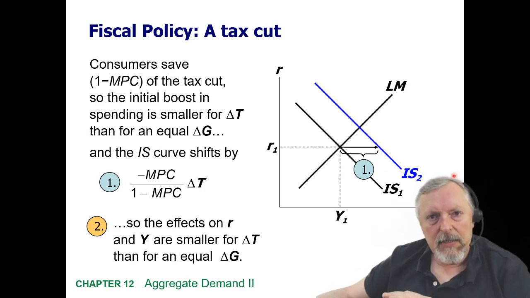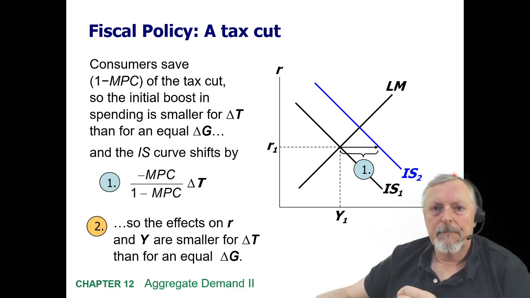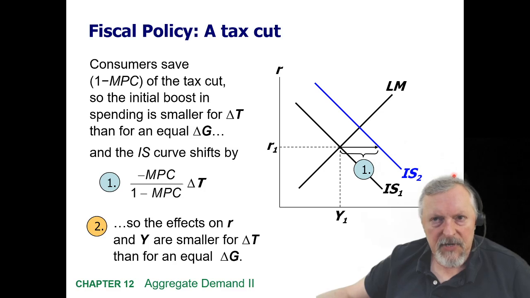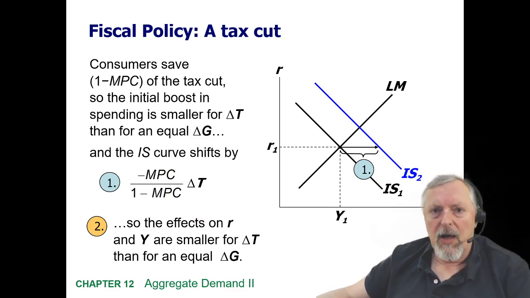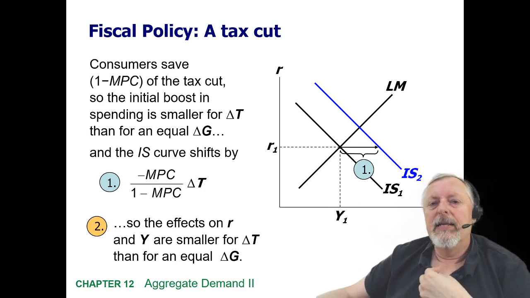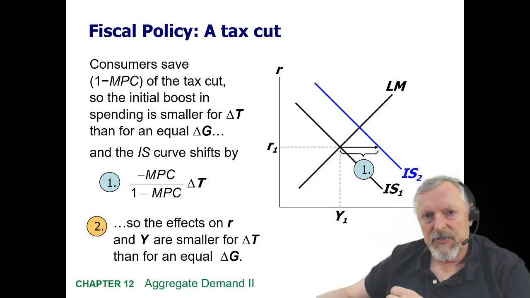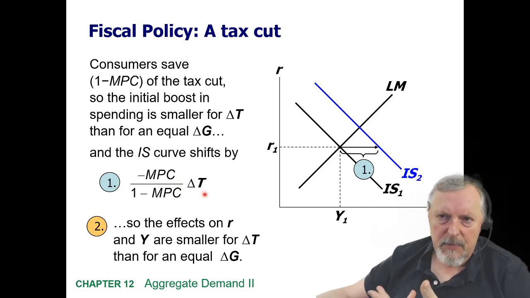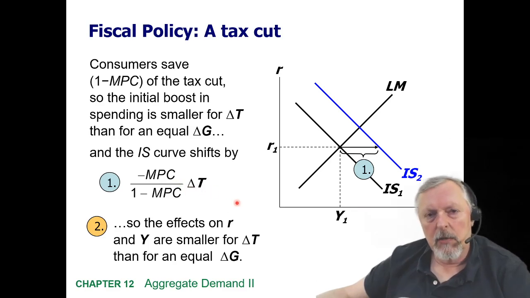But if it's a tax cut, the first effect is the person who receives the tax cut spends 0.8 or 80 cents of it, assuming the MPC was 0.8 in that example. So in the very first round, there's a difference because with a tax cut, some of that tax cut is never spent. It goes into savings right away. So that's why the net effect of, in this model, a tax cut is slightly smaller than the effect of an equivalent increase in government spending.